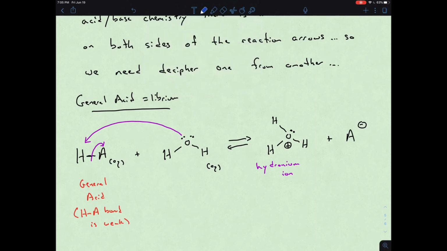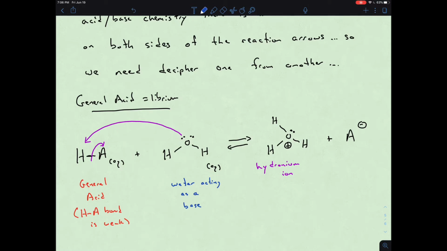So here we have water acting as a base, right? It's accepting the proton. We then have hydronium ion, and A minus.